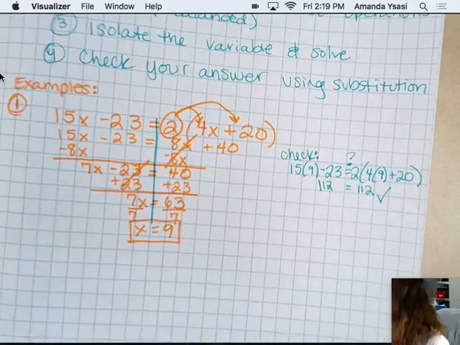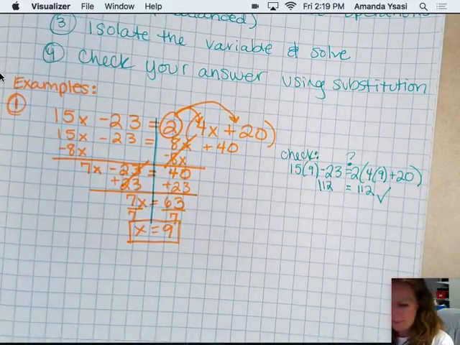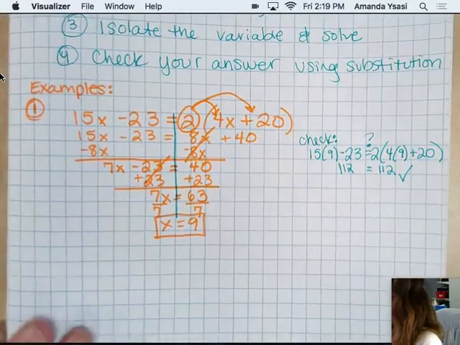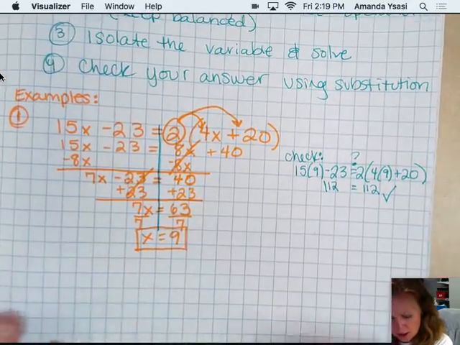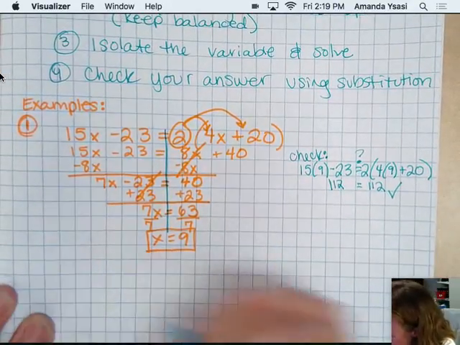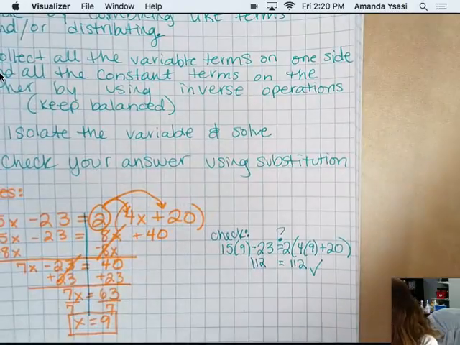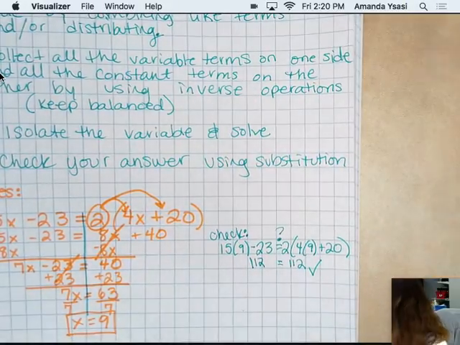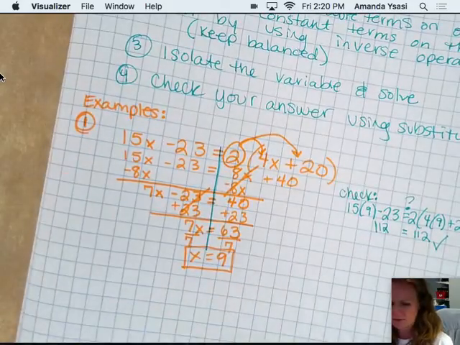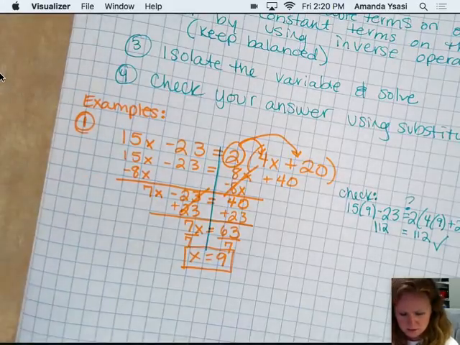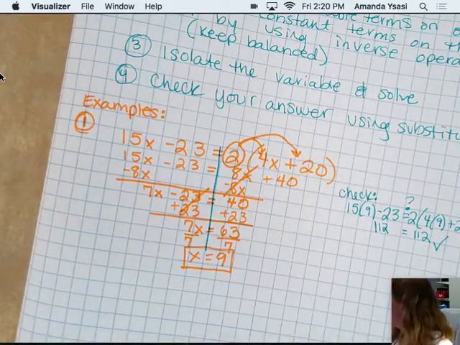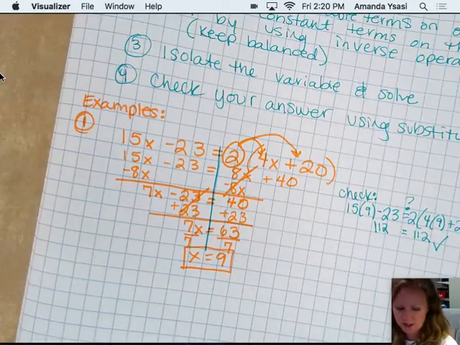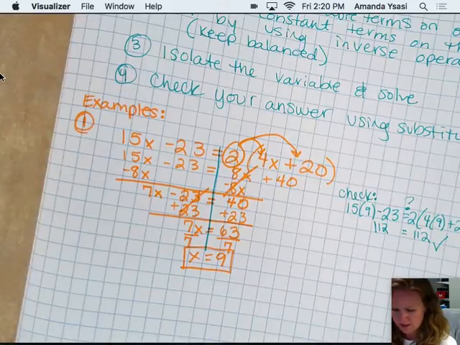Y'all know how to do this? No problem? Okay, so we are going to do rational equations now. And we also need to do the special cases, like where they equal 0, where they equal all real numbers and no solution. Do y'all remember that? I struggle with this, so we'll have to do it again.